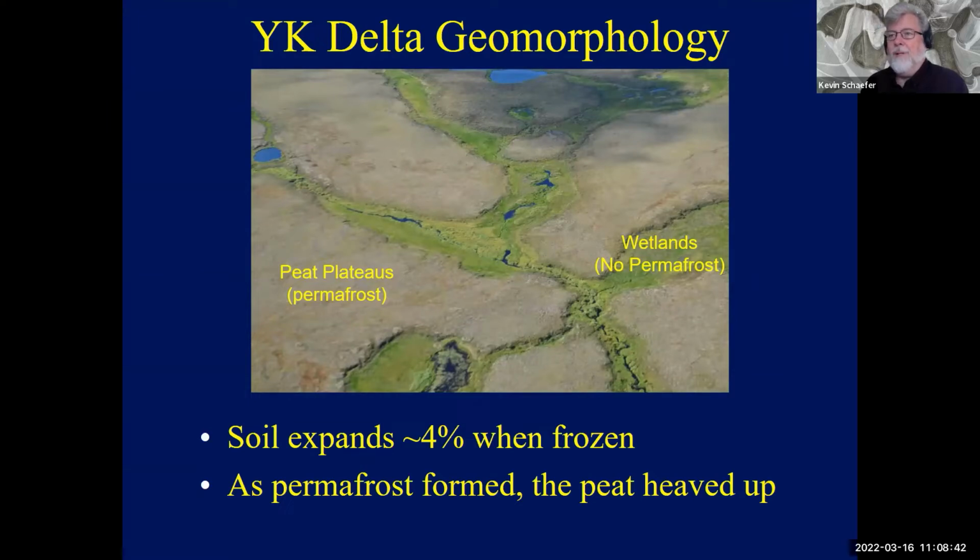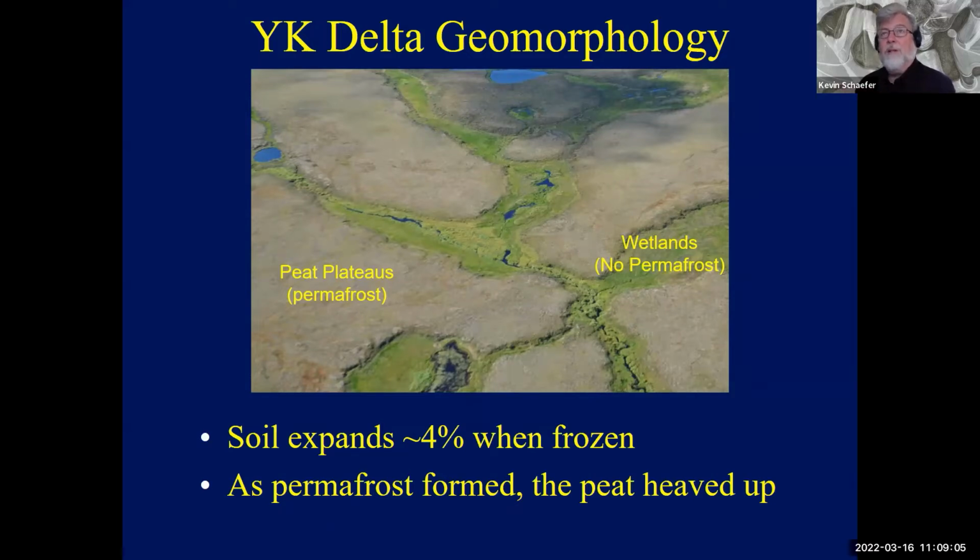Now, what happens is the formation of the peat allows for freezing of permafrost below it. And as the permafrost freezes, the ground heaves up. And soil, when it's fully saturated, expands around 4% when frozen. Now, our surveys indicated that underneath the peat plateaus, there's definitely permafrost.